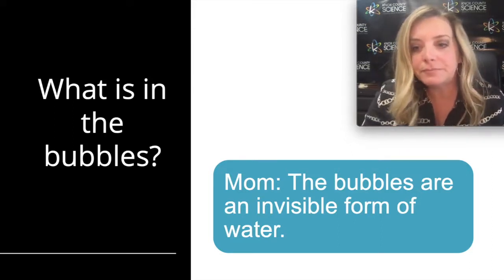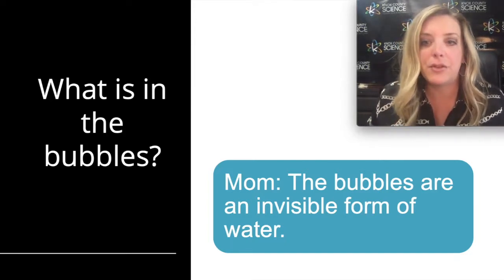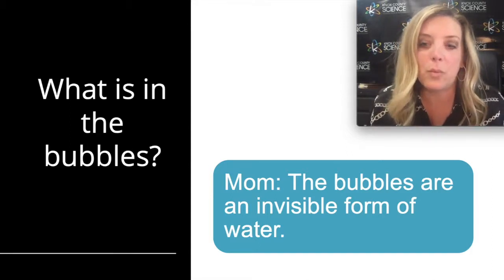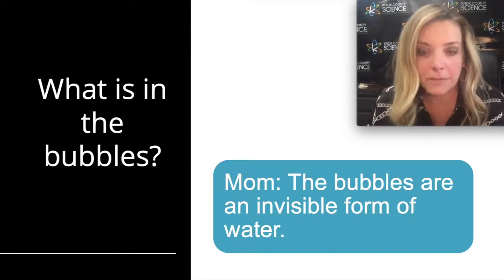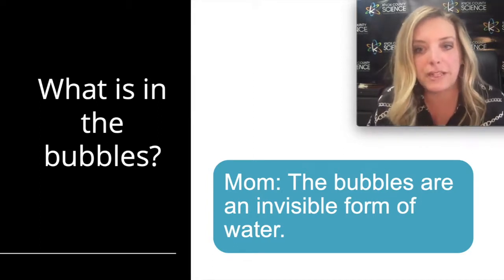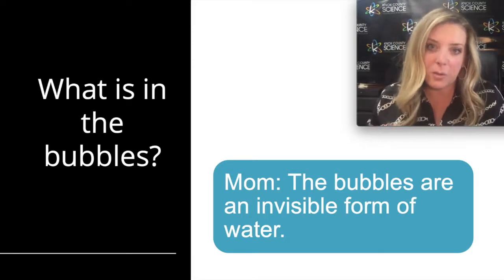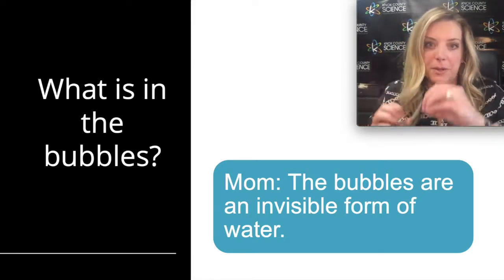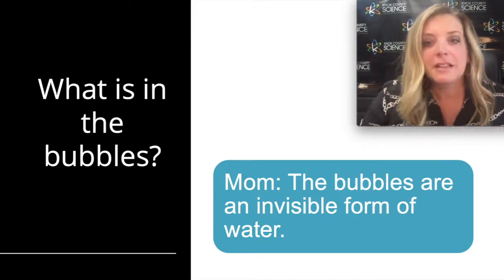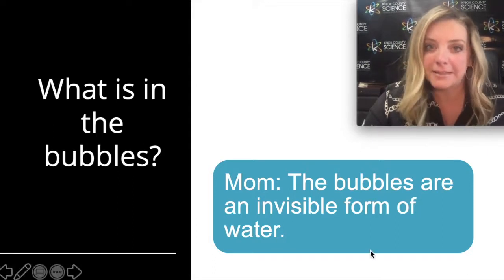So the energy now allows them to be overcome by this invisible gas, which is the form of water vapor. And so inside the bubbles was actually water vapor, and since it's lighter than the water itself, it starts to bubble up because it's trying to get out, it's trying to expand. So, what was inside the bubbles? It was a gas, yes.